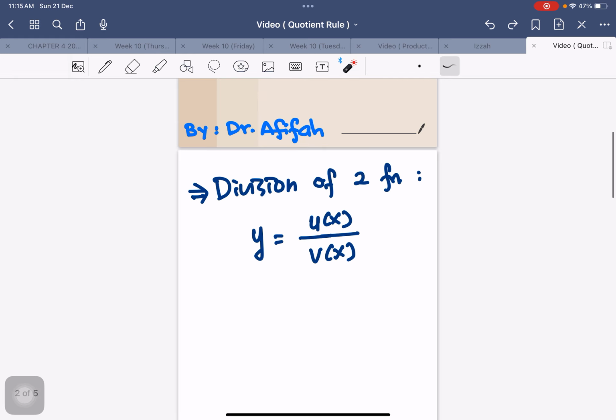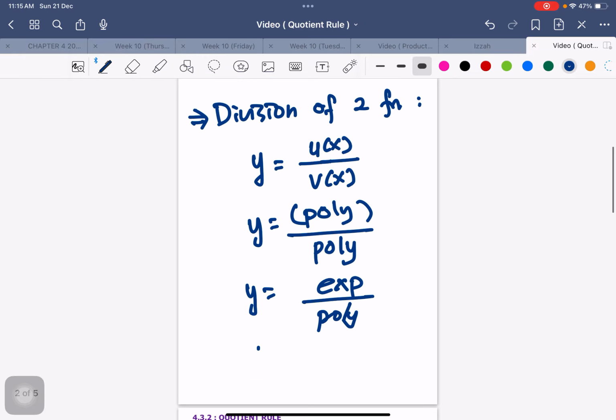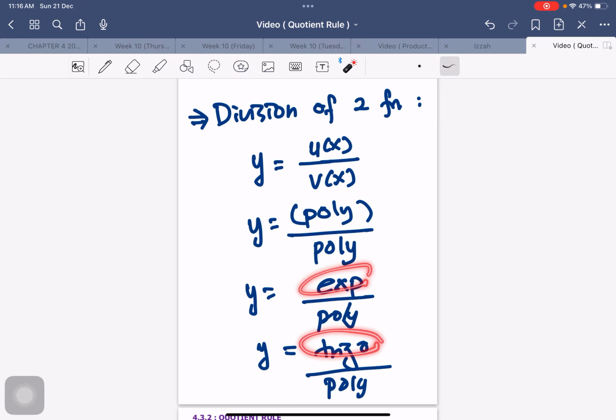Okay, so it involves division of two functions. So y can be polynomial over polynomial, or exponent over polynomial, or trigo over polynomial, or exponent over trigo, as long as it's a combination of ln, polynomial, exponent, trigo.